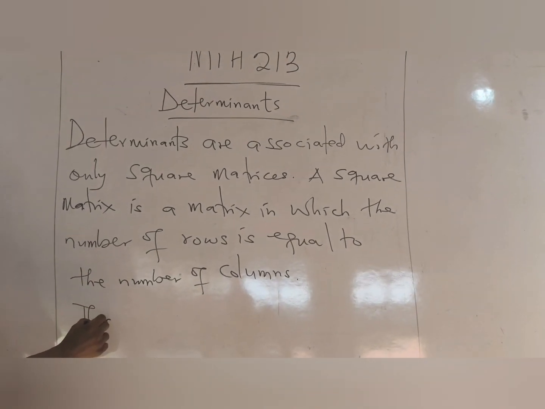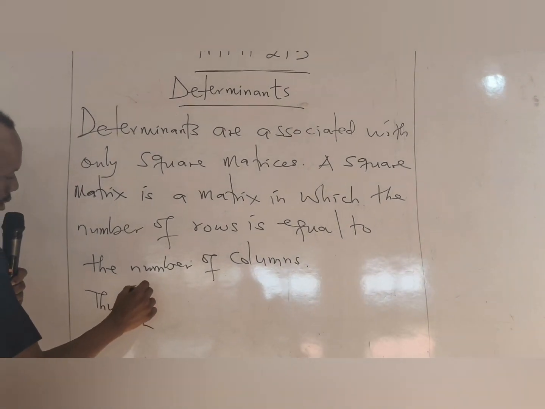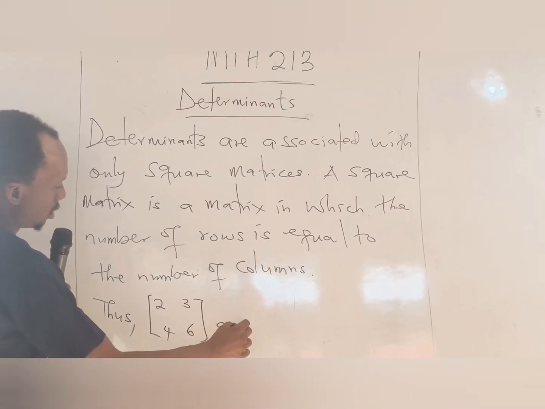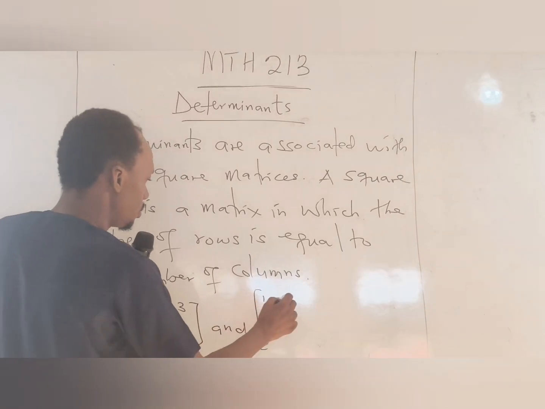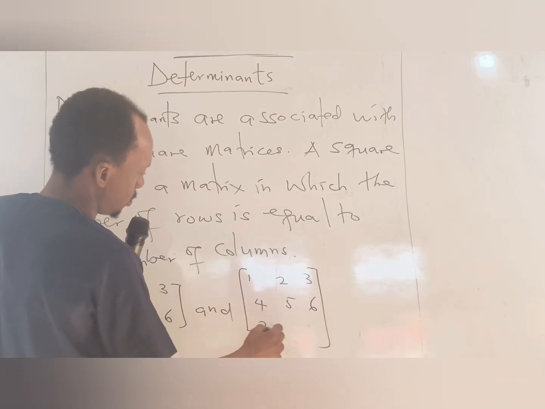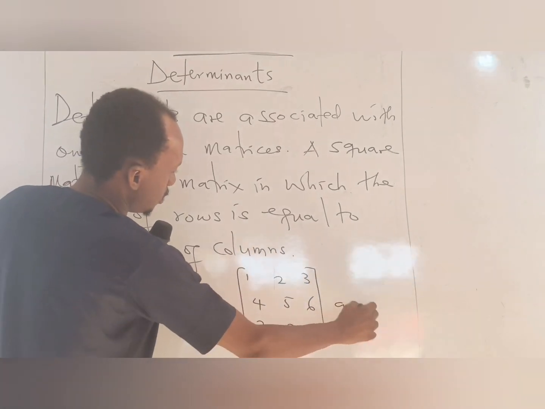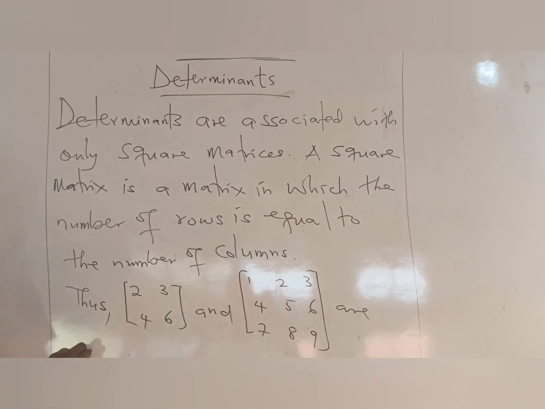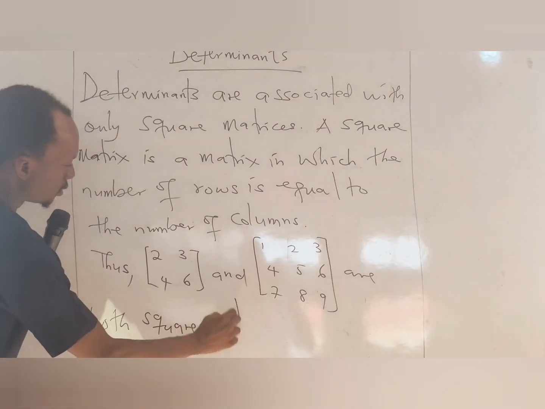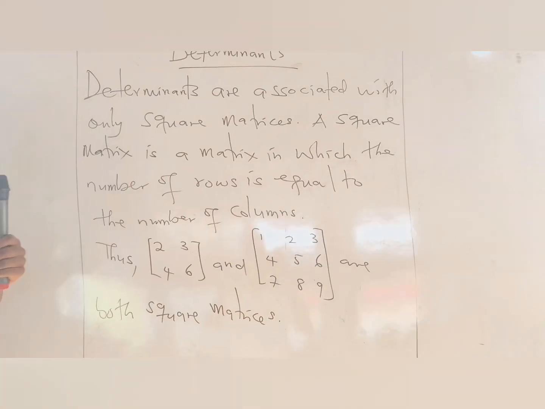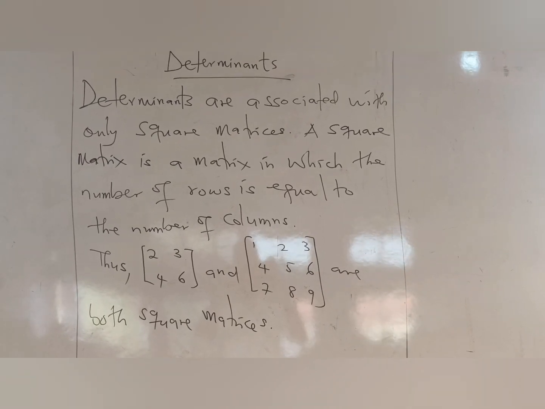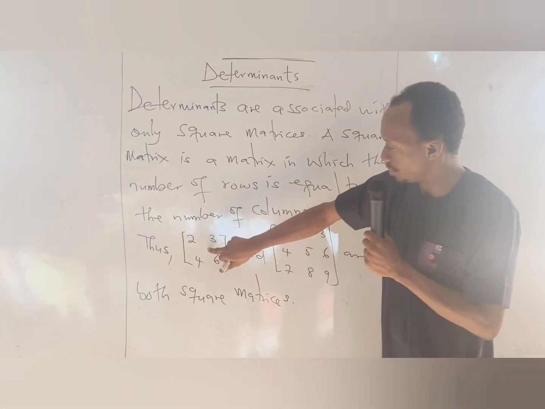Thus, these are both square matrices. So we are saying that this matrix is a 2 by 2 matrix.